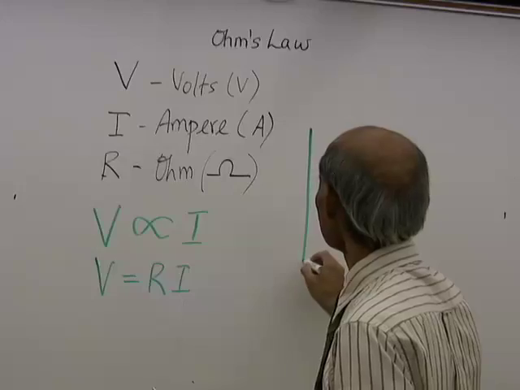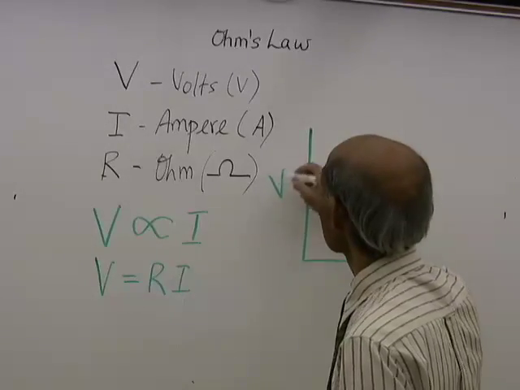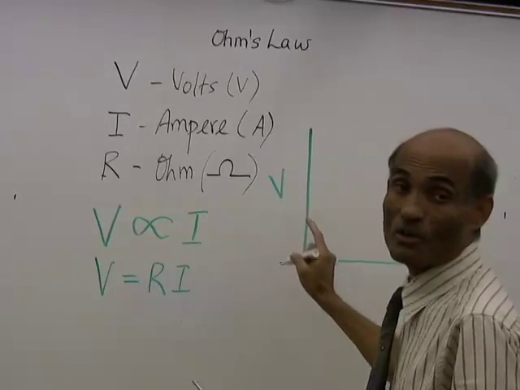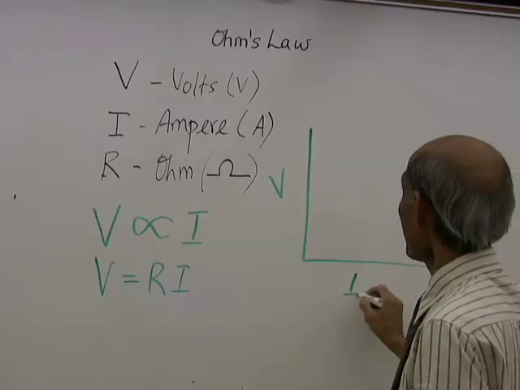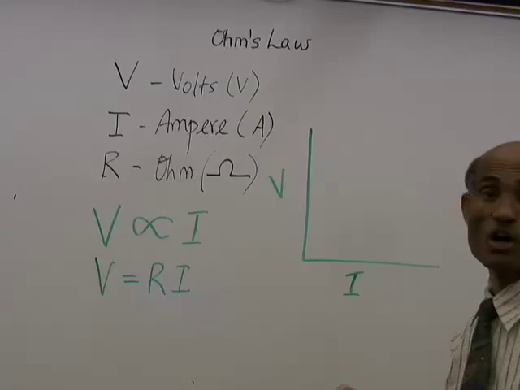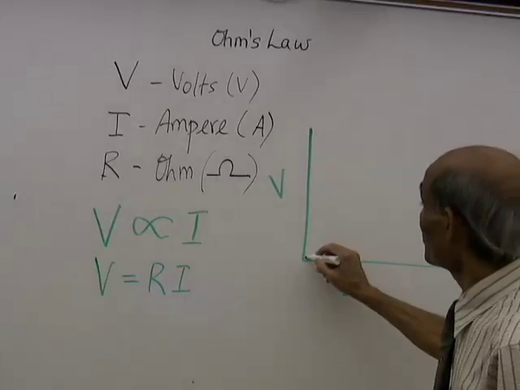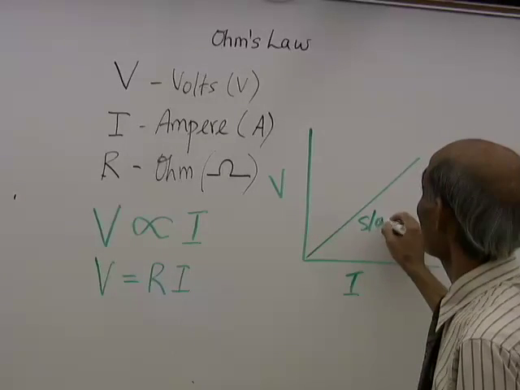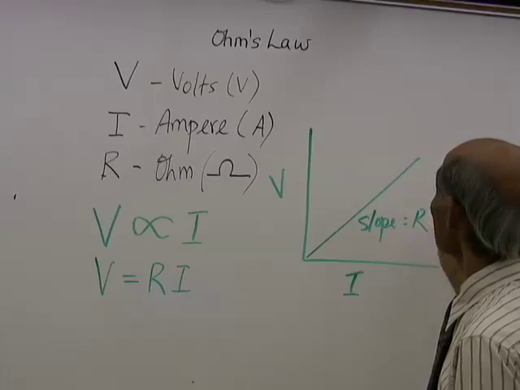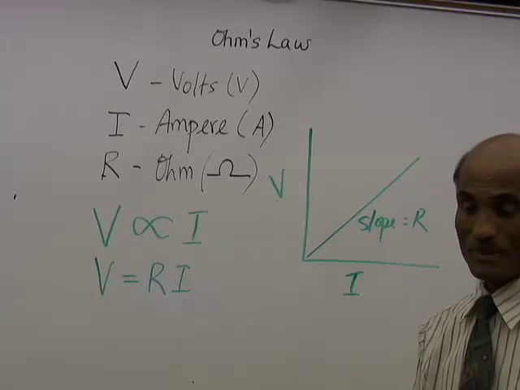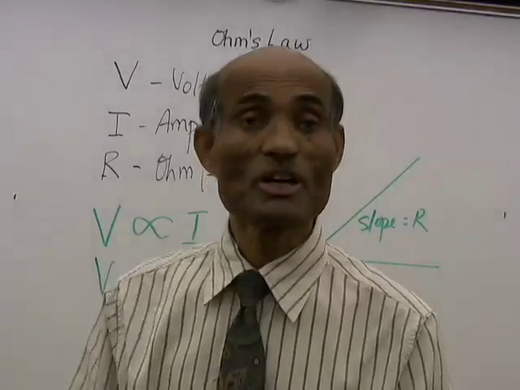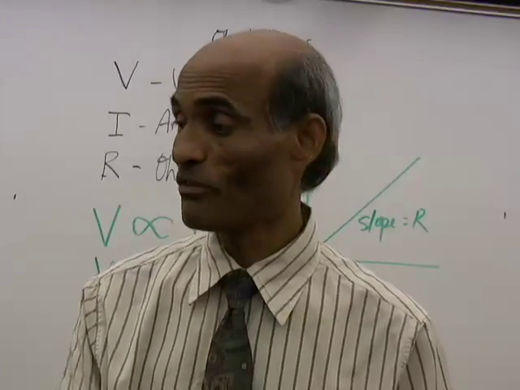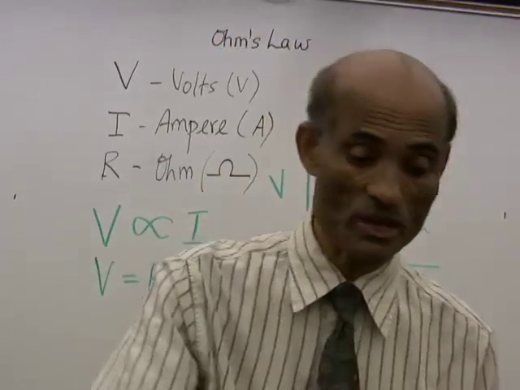So if you now draw a graph of V volts on the vertical axis and I ampere on the horizontal axis, you will get a straight line, and the slope of that graph will be equal to R. Now, you will measure the resistance of 5 different conductors.